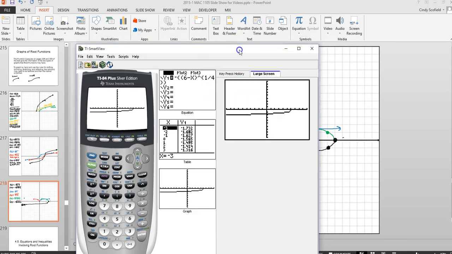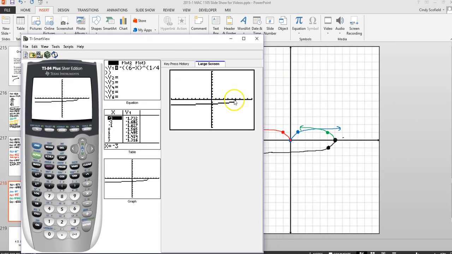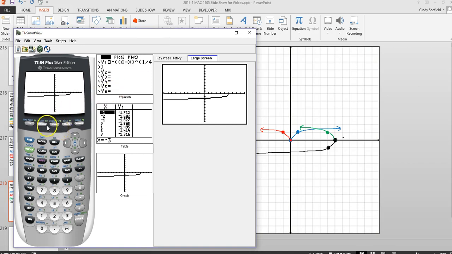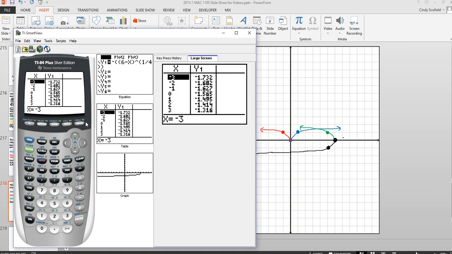And there you see it. 1, 2, 3, 4, 5, 6. And you see it's underneath going that way gradually. If you do your table, you do second graph, you see that at negative 10, you have the negative 2. And then when you get to 5, you have negative 1, and when you get to 6, you have 0. And those are the same ordered pairs we came up with after we did our reflecting and stretching and so forth.